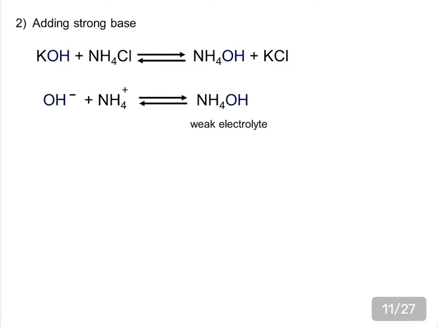And as a result, a weak electrolyte or water forms.